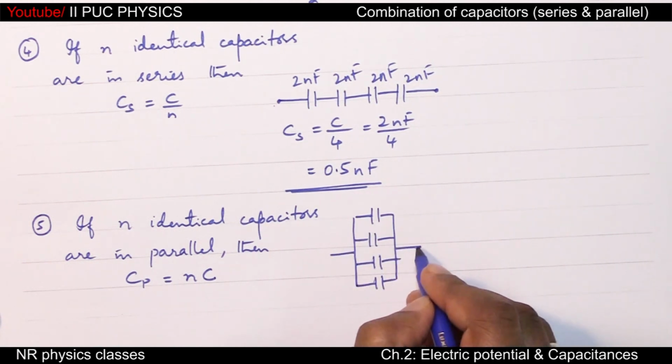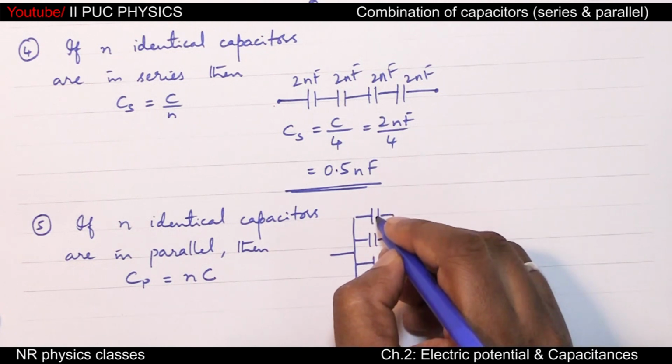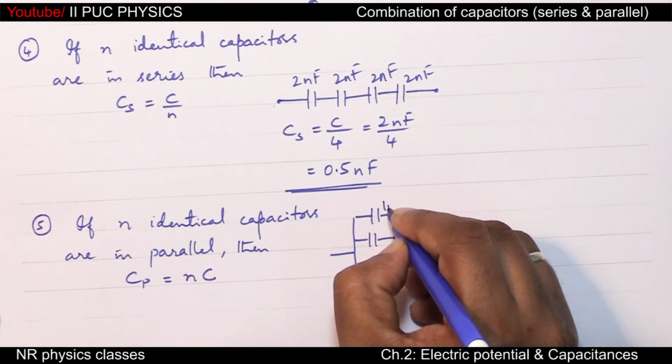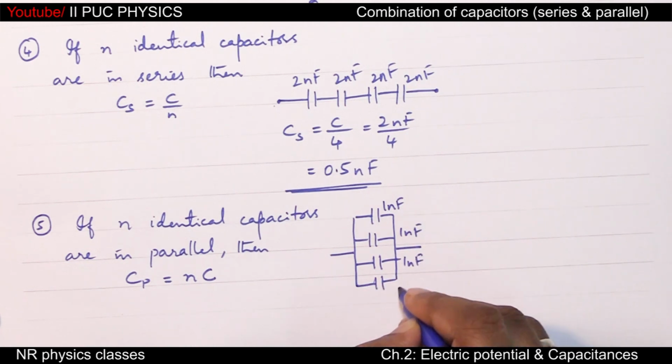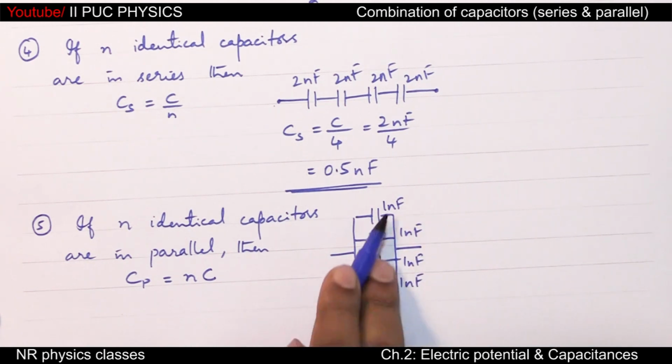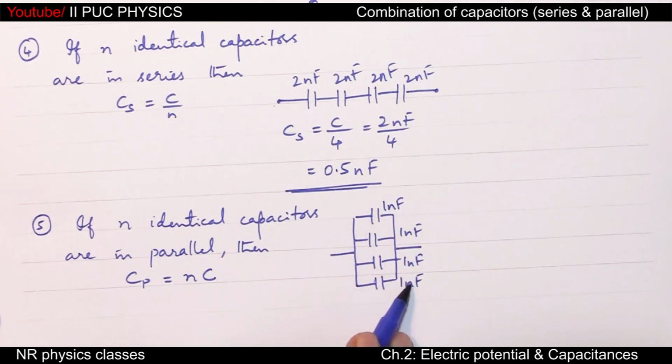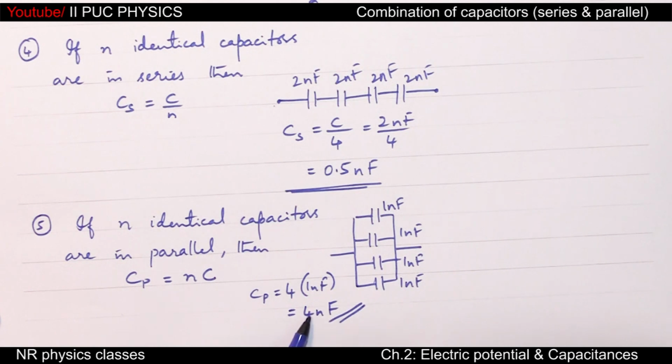If these 4 capacitors are in parallel, let each equal 1 nanofarad. Identical capacitors in parallel means CP equal to, there are 4 times each equal to 1 nanofarad, equal to 4 nanofarad. So this is how we can use.